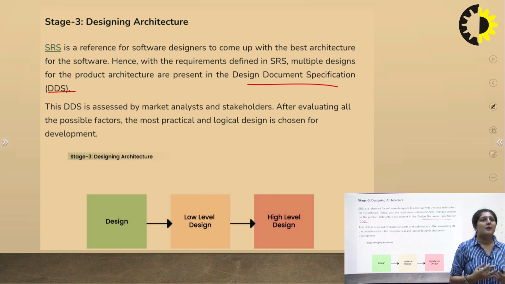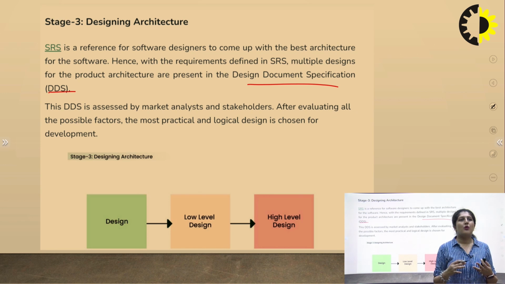It is like a design where we make the diagrams for the projects based on what we have done in the SRS document. So it is a more practical and logical development.